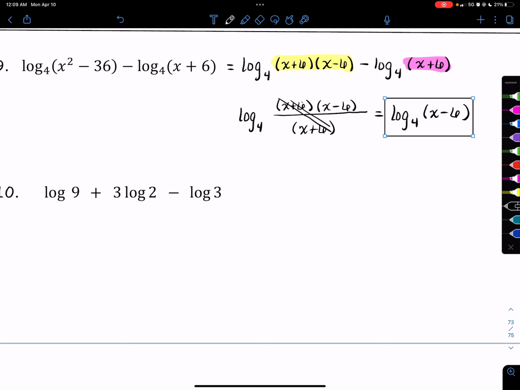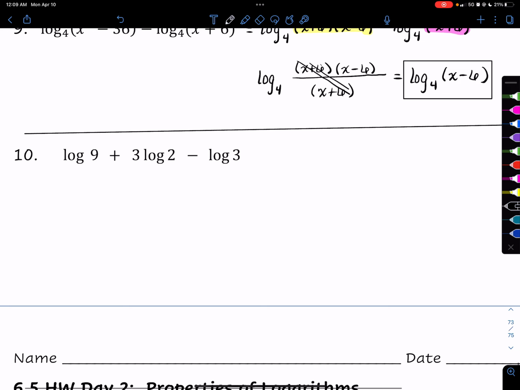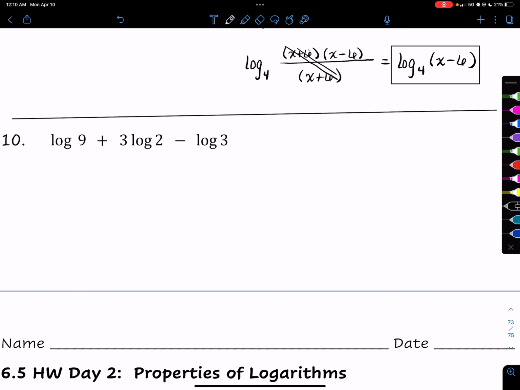All right, and on to our last one, which is number 10. Okay, on this one here, I have log base 10 of 9 plus 3 log 2 minus log 3. Right? So I have power of 3 that'll go on top of 2. Log 9 is positive. 2 to the third power will be positive.